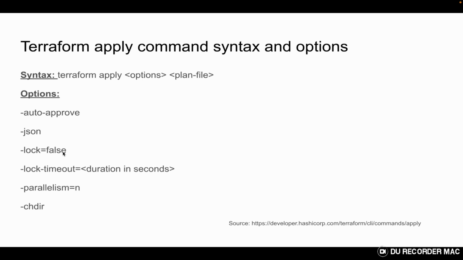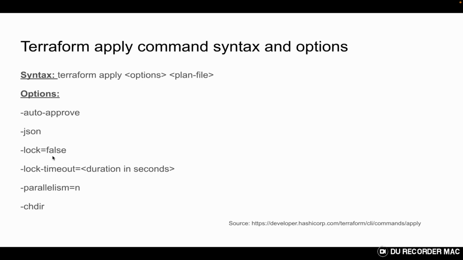Then we have lock equal to false. Basically it tells the apply command whether to acquire the lock of the state file or not. So setting it to false will instruct the apply command not to acquire the lock of the state file, and simply try applying the changes to the state file.